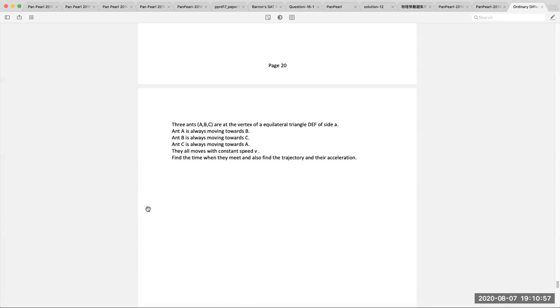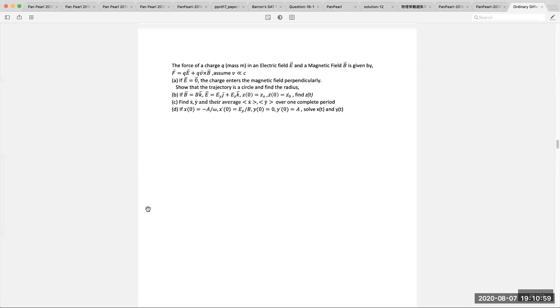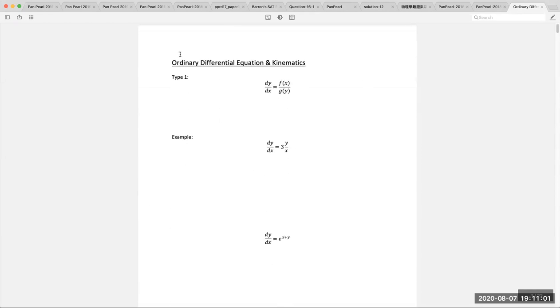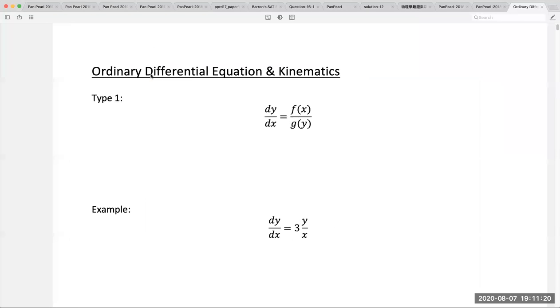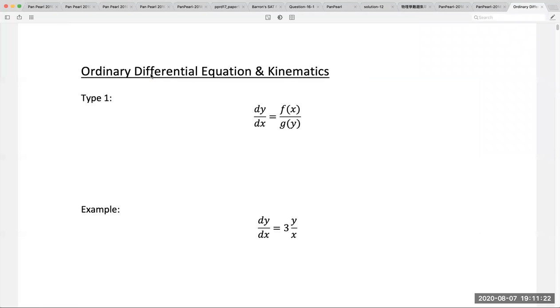So now we have talked about everything about ODEs and also kinematics that you need to know. And then from next lesson we will talk about force. I hope we can finish talking about the mechanics this month.